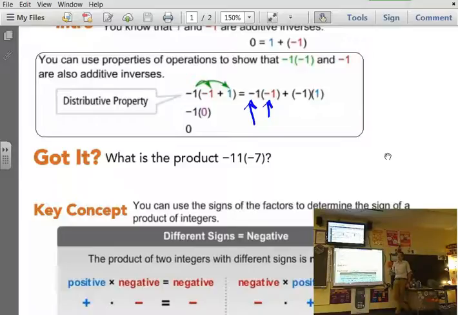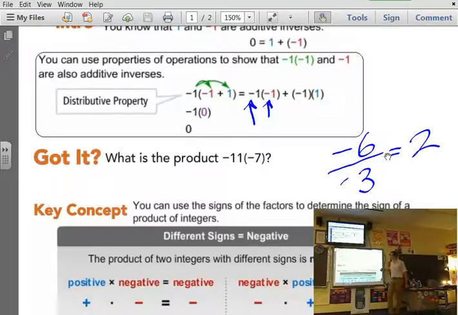Now, if I go back in time, can I get rid of that debt? Yes. If I go back in time 3 days and I never borrow money from Justin, I can get rid of that debt. So that -6, if I go back and I divide by the -3 days, I would see that every day I was borrowing $2, but if I go back in time, I get rid of it.